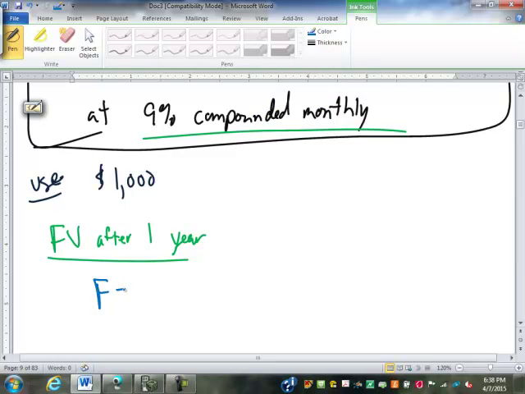So our future value, I'm going to use my $1,000 times 1 plus 0.09 divided by 12 to the power of 12, because we're going for 1 year.